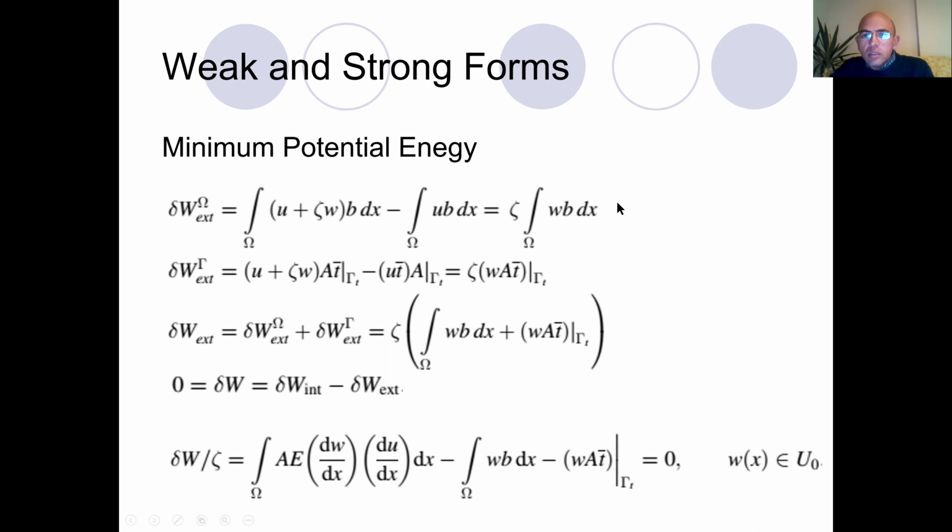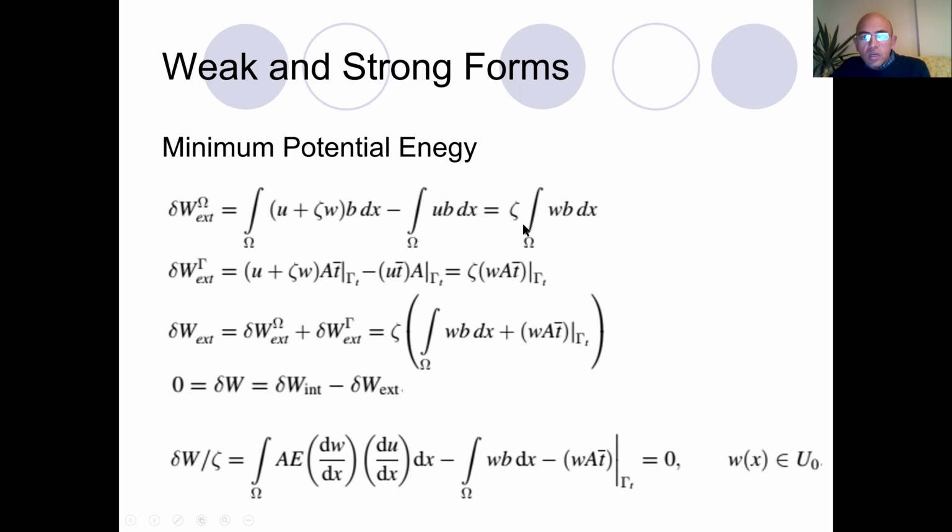How about the work done by the external loads? Remember that we give a small variation to the displacement, and as a result, the variation of the work due to the distributed load can be written as the integral of (u plus zeta w) b dx minus u multiplied by b dx.